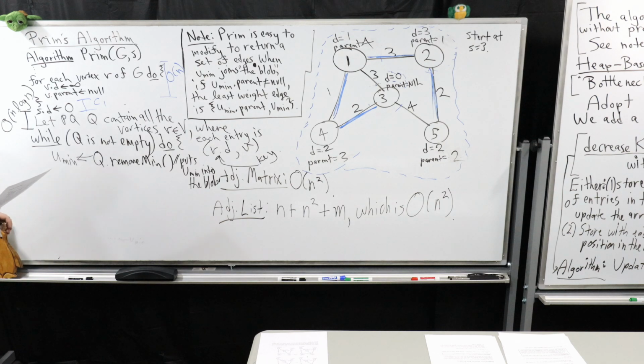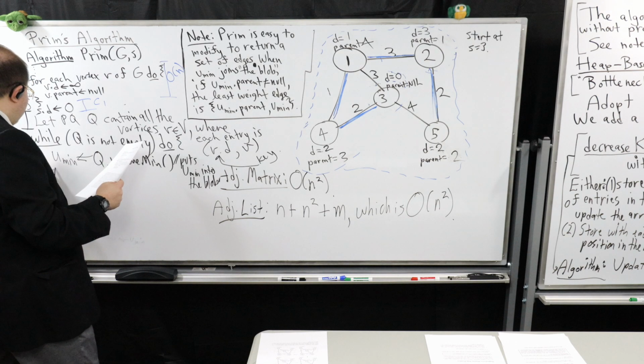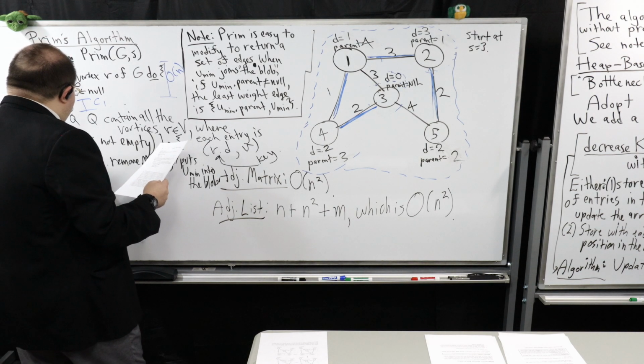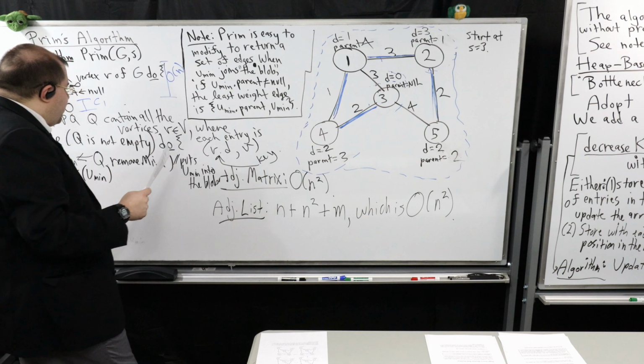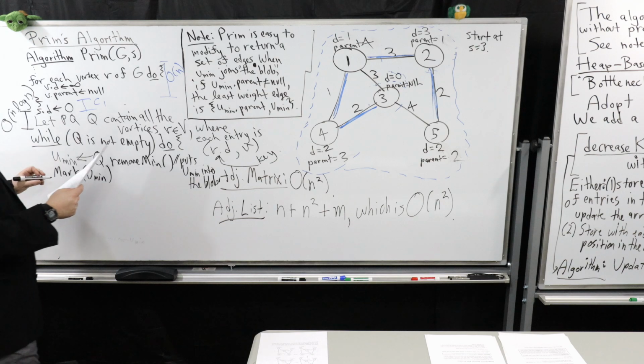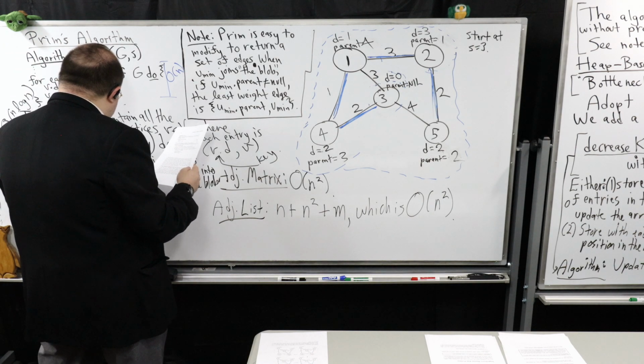I must stress that you can always mark the vertex if you like, but it's completely optional at this stage, because I'm never going to use another vertex like this, because it won't be in the priority queue anymore, right? I've removed it. So I can mark it, but this is not needed.